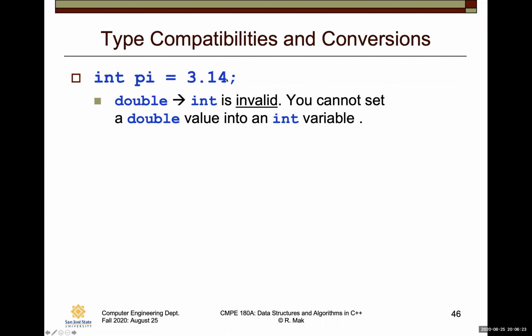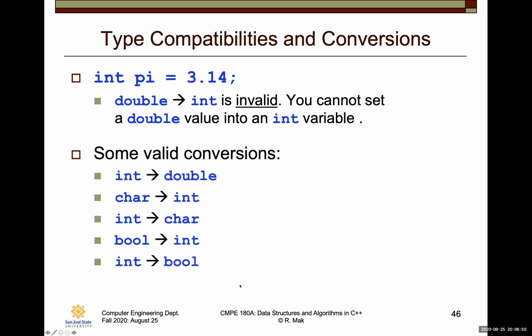And so this is invalid. You cannot assign a double value to an integer variable. So make sure that when you're assigning values to variables, you're keeping track of the data types. In this case, this is not allowed in C++.